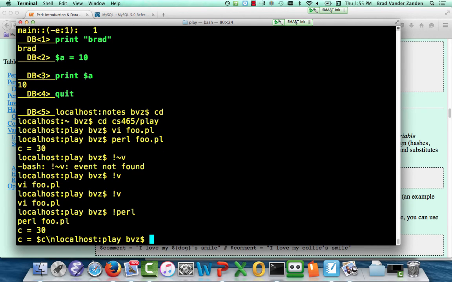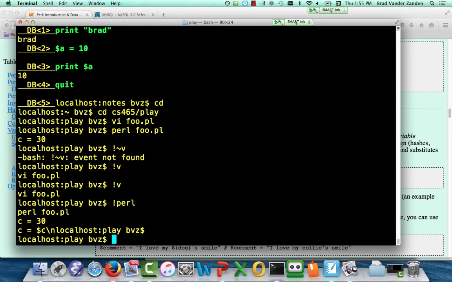It literally printed out \n, and I did not get a new line, nor did it interpolate. So nothing works inside of a single quote. It's literal. The only thing you actually can't put inside of a single quote is a single quote. If you want to use a single quote, you actually have to use double quotes, because even \' doesn't work inside of a single quote.